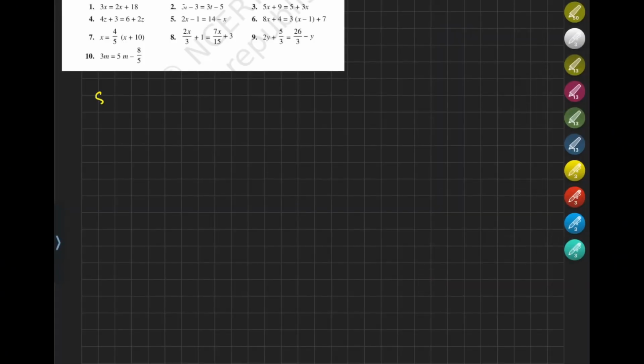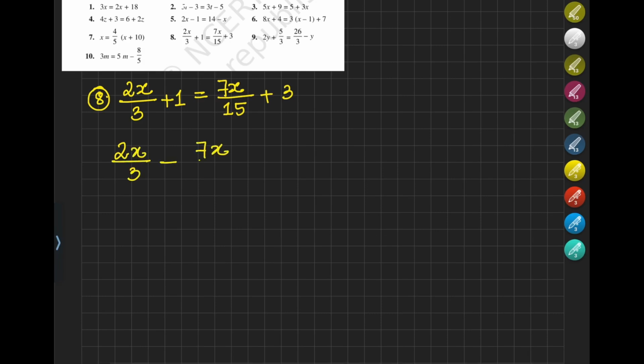Now question number 8. Question number 8 is 2x/3 + 1 = 7x/15 + 3. Now we take 2x/3 - 7x/15 on the LHS and 3 - 1 on the RHS.